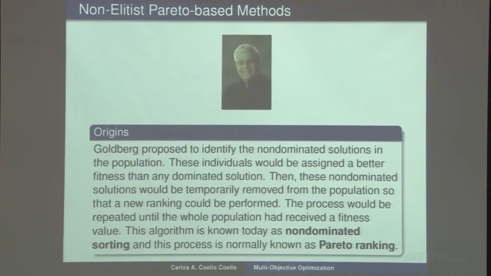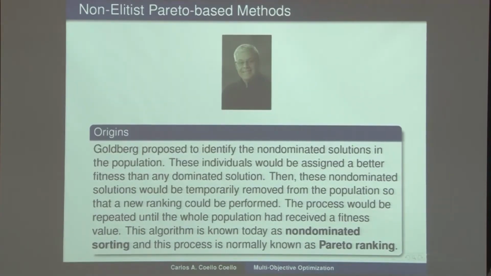So his idea was very simple. It's called Pareto ranking. Pareto ranking means we have to select solutions based on Pareto optimality. So those solutions that are non-dominated in the population should be given a fitness value that is not really related to objective function value. It's related to Pareto optimality.